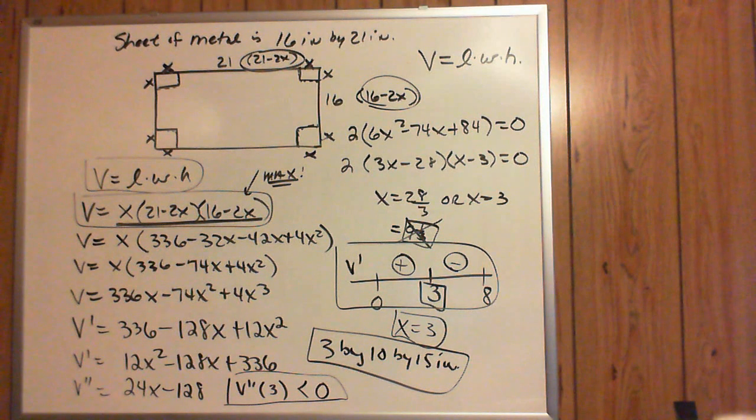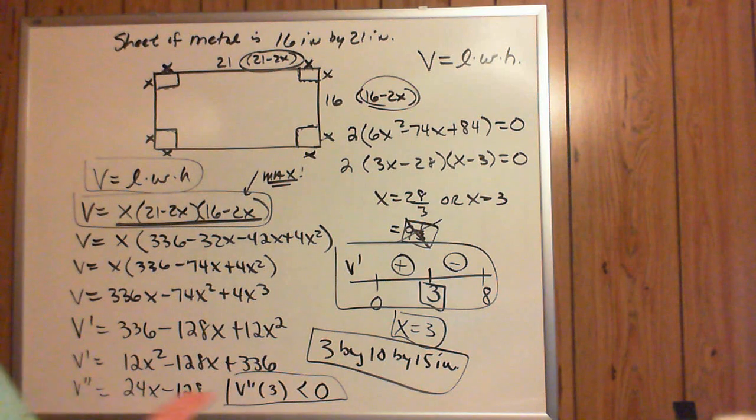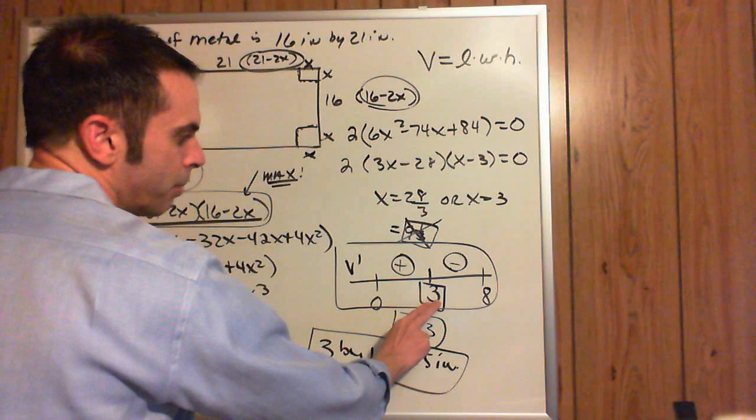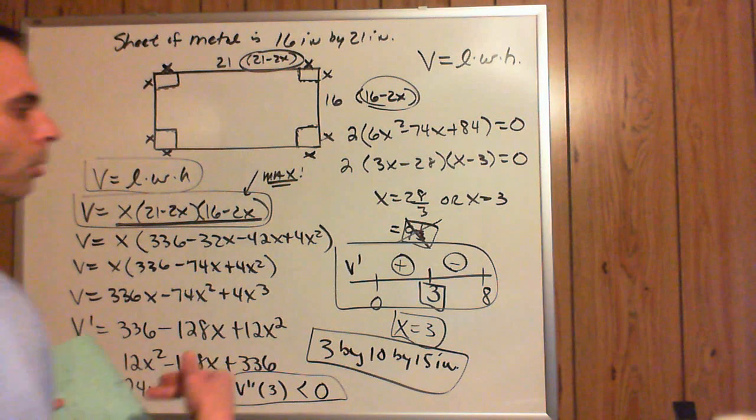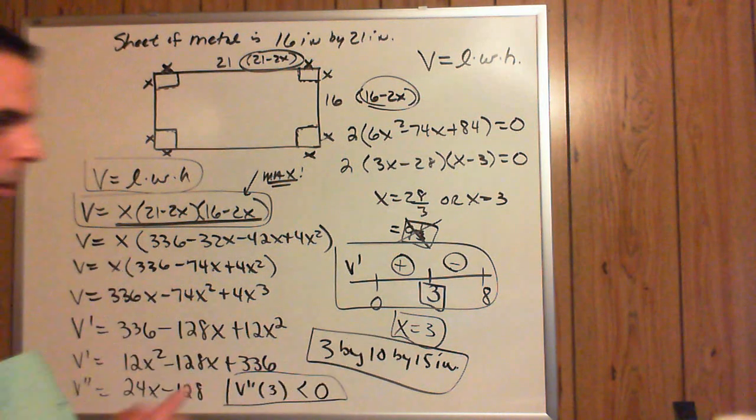But it does need to be verified, because in some cases coming up in the future, the absolute maximum or minimum may not be at a critical number as it has been. It could also be at the endpoints. So we cannot assume that the maximum always occurs at the critical number.